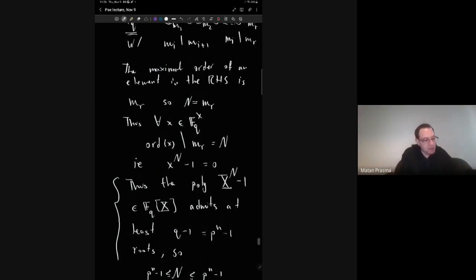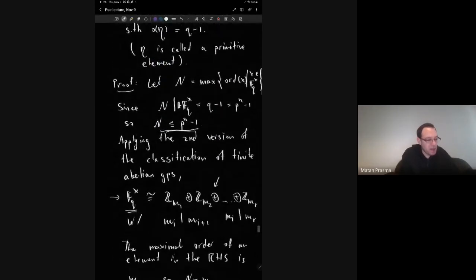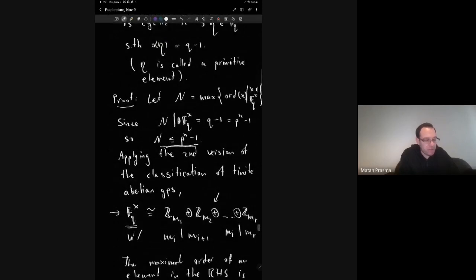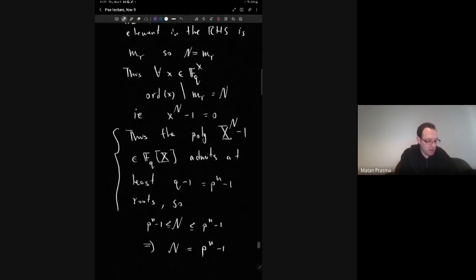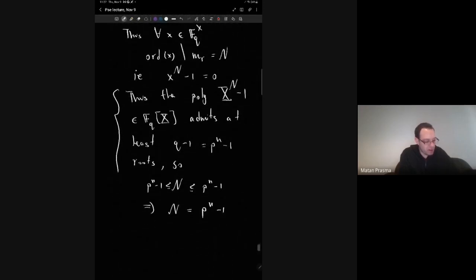But n was defined to be the maximal order of some element in FQ star.